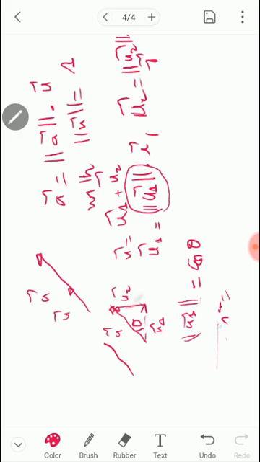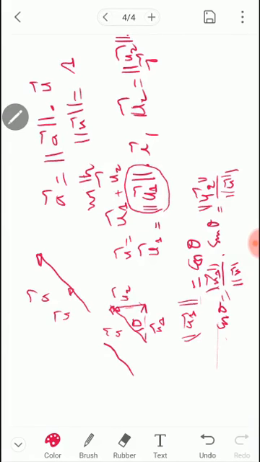So what is the magnitude of u1? It is simple trigonometry. We have the magnitude of u1 equal to cos theta, because cos theta equals u1 divided by u.